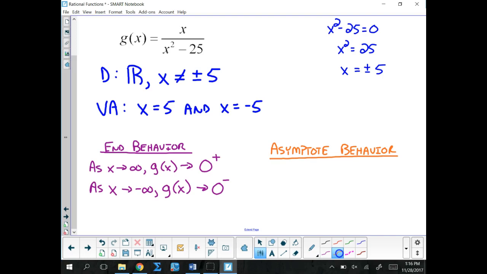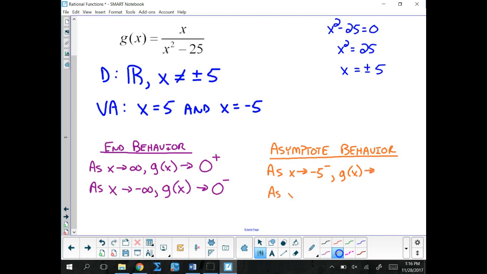How many asymptotic behaviors am I going to have? 4. There's 2 asymptotes, right? So I've got left side and right side of each of them. That makes 4 total. So they are, as x approaches negative 5 from the left, what does g of x do?